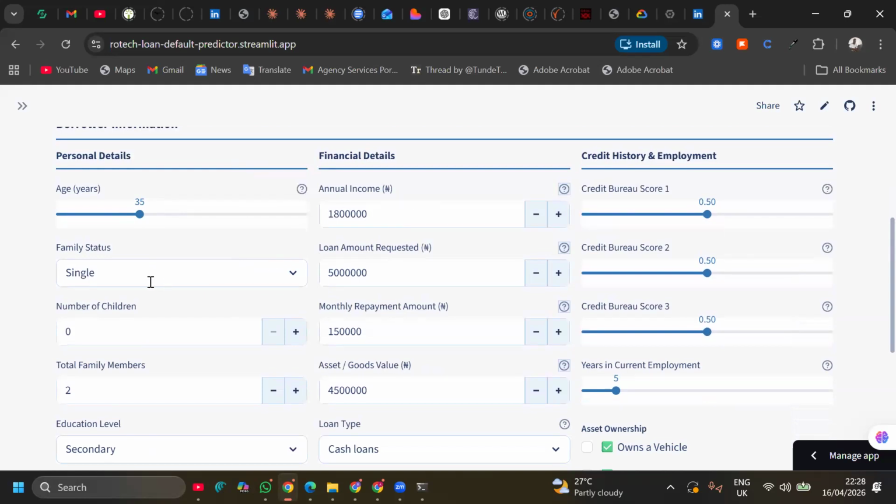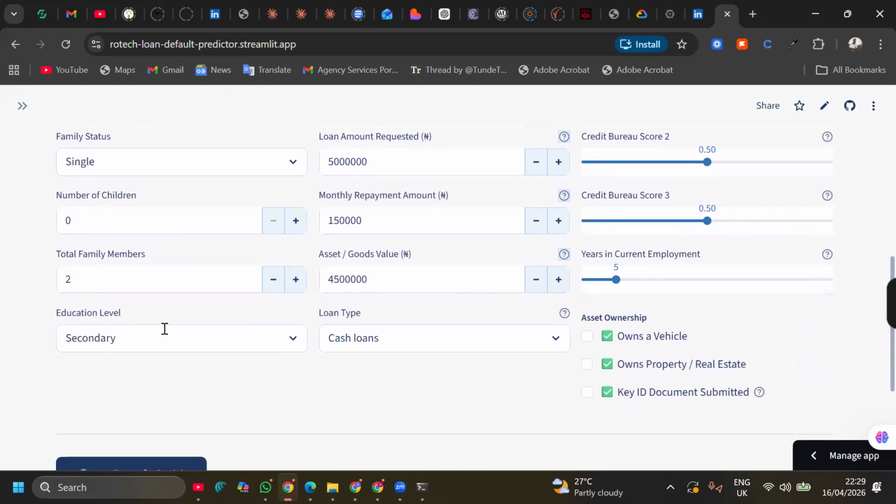Supply your annual income. You tell us whether you're single or married. You supply your loan amounts, your credit bureau score, the monthly repayments, the number of family that you have, your educational level, and the type of loan that you are trying to get, whether a revolving loan or not.